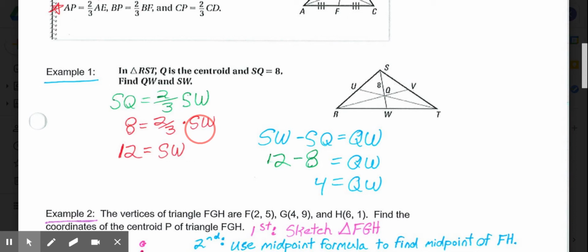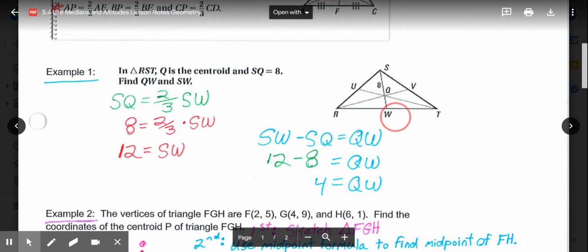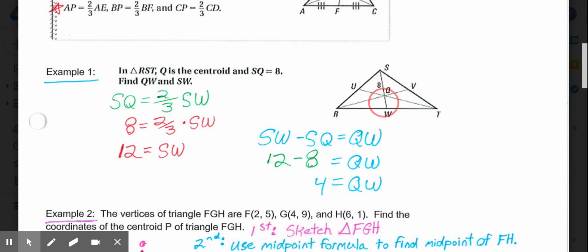To get SW, we would do 8 divided by 2/3, and that whole median length, SW, is 12. And then SW, the whole segment, minus SQ will leave us with the length of QW. So SW being 12 minus SQ, which is 8, gives us the distance of QW being 4.